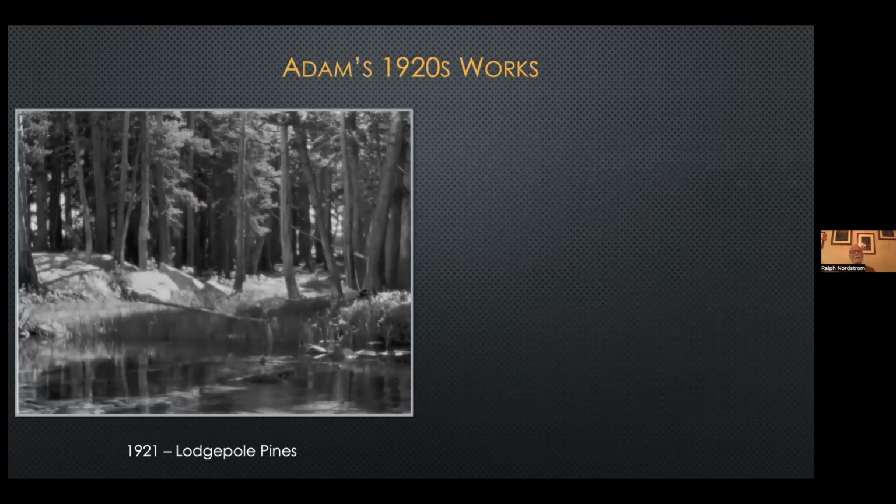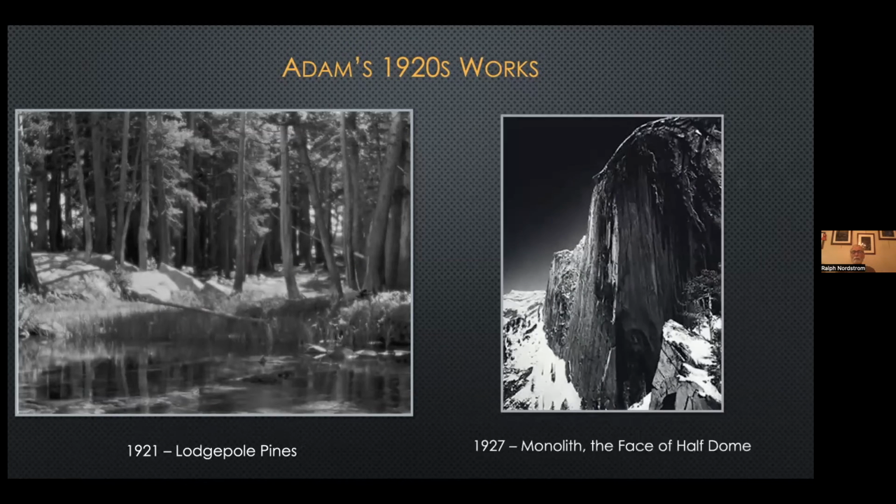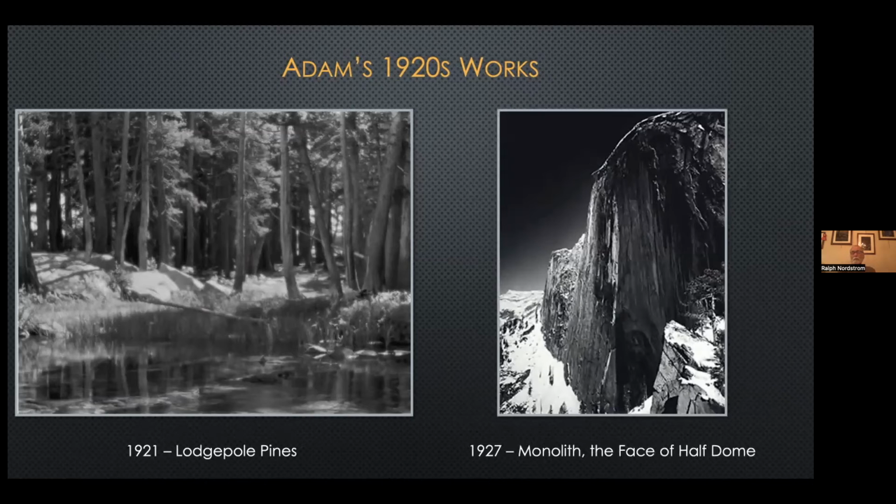Ansel Adams did pictorialist photography, and here's one example. But this is one of his hallmarks, Monolith, the Face of Half Dome. Interesting thing about that, he had to lug his camera up several thousand feet to get in a position to do this. And he made about 5 or 6 negatives.